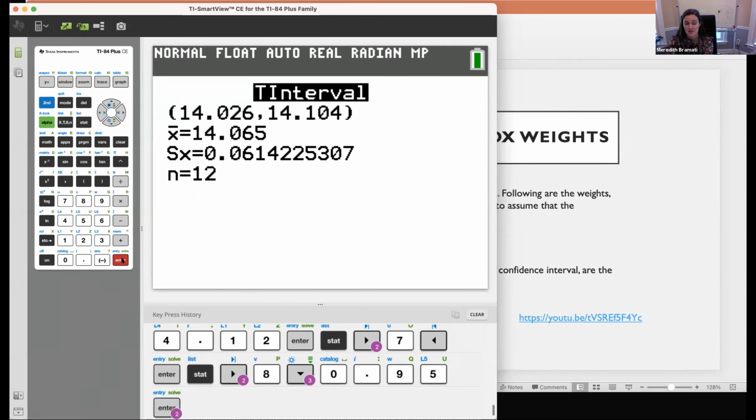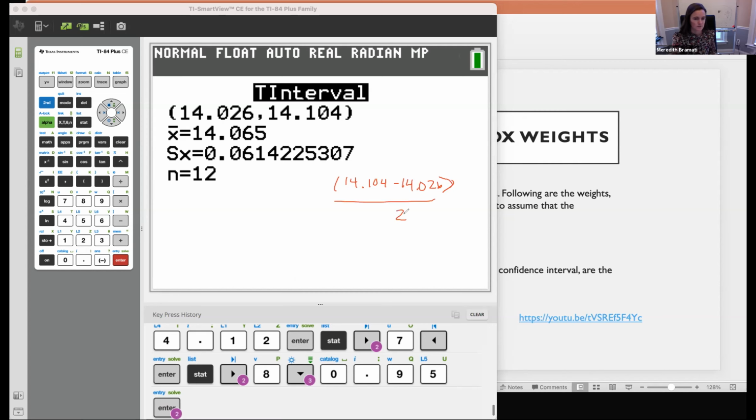And it gives us our confidence interval, and we could take that and work backwards if we wanted to for margin of error. I will do that quickly. So we would say 14.104 minus 14.026, all over 2.